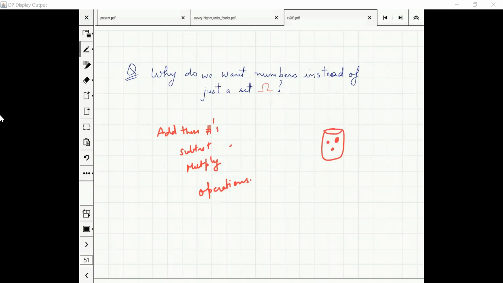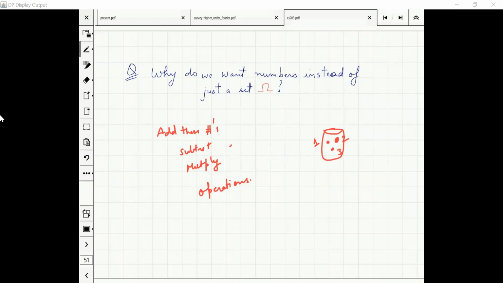There is no meaning of red plus green. But if I assign red 1, blue 2, and green 3, then suddenly you can add these numbers. Is it interesting? I don't know, but you can start adding, subtracting the outcomes of your random experiment.